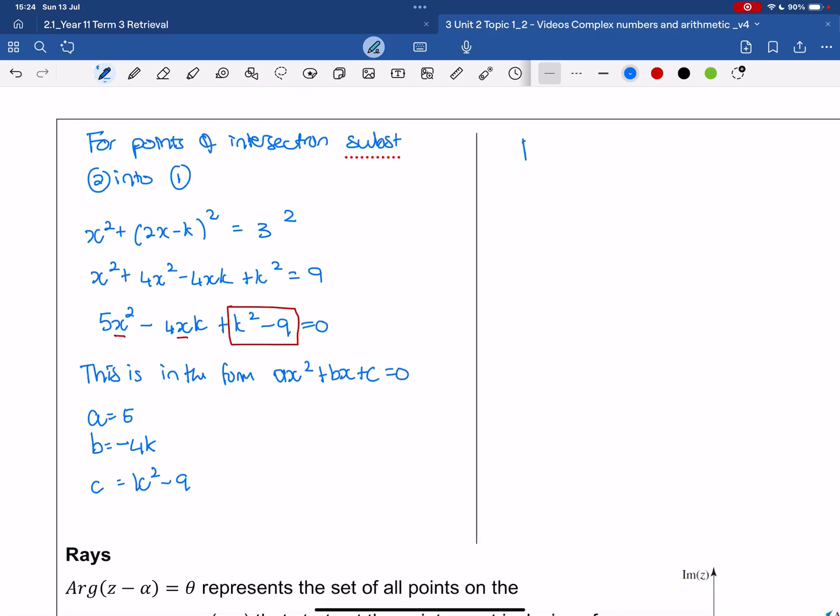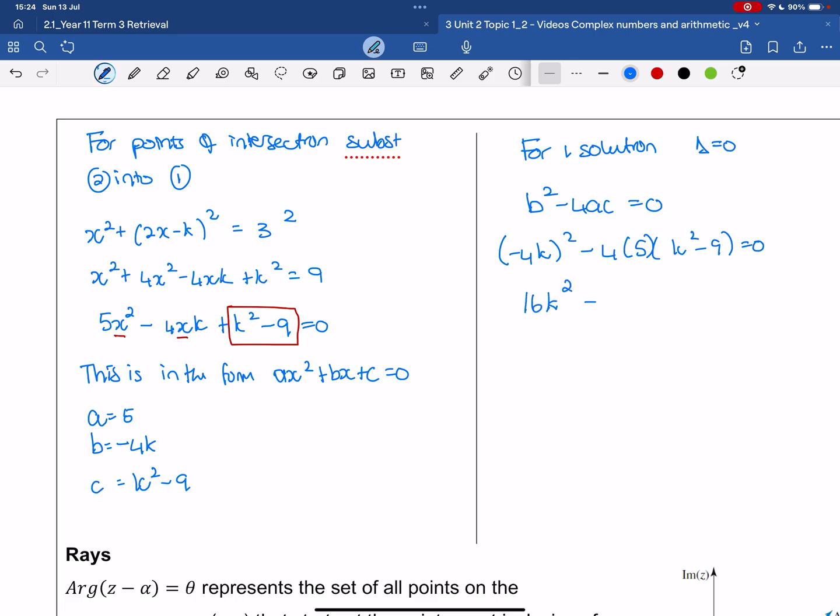Okay, now for one solution, or tangent, delta is equal to 0, and you'll remember that b squared minus 4ac is my delta. So in this case, negative 4k, squared, minus 4 times 5 times k squared minus 9 must equal 0. So I have 16k squared minus 20k squared plus, 2 9s are 18, 180 equals 0.